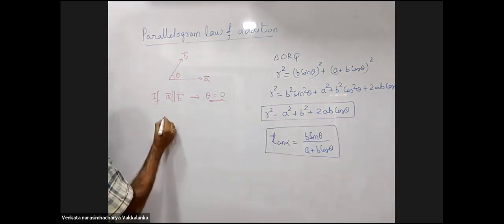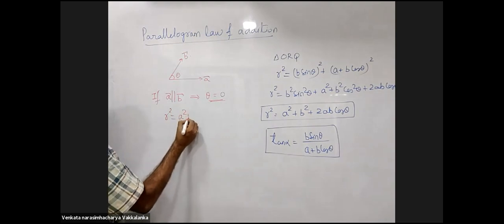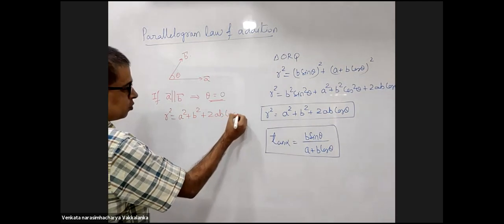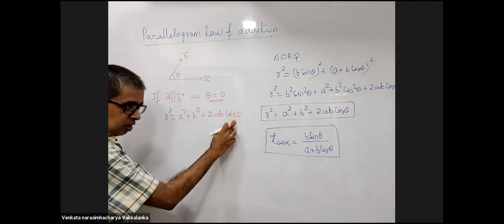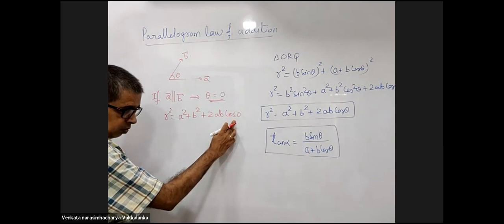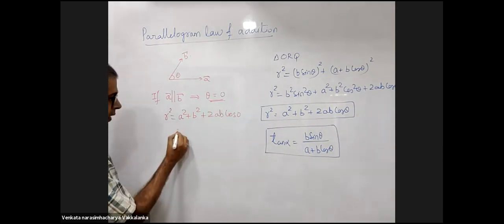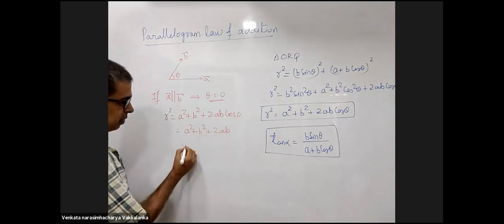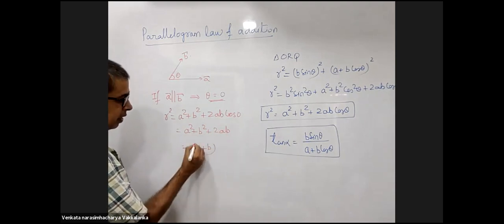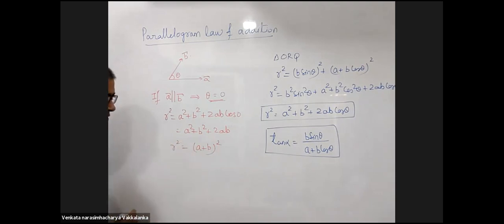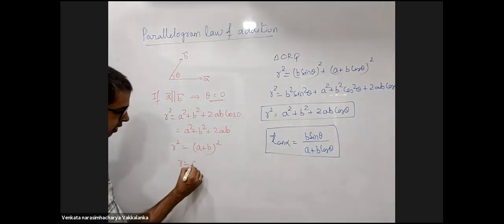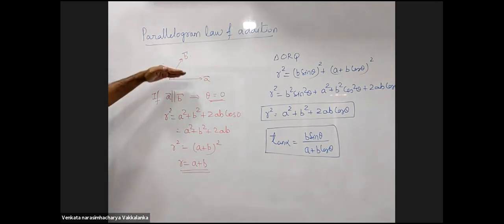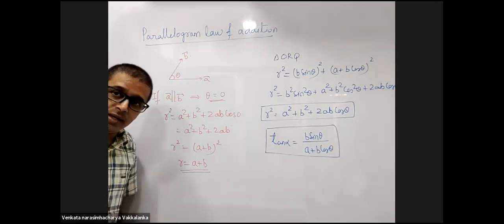R square is A square plus B square plus 2AB cos 0. What is cos 0? 1. A square plus B square plus 2AB. A plus B whole square is R square. So R is A plus B. Didn't we tell you that if two vectors are parallel, you can add them numerically? Yes.